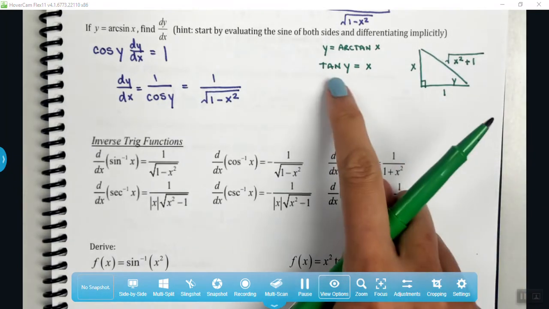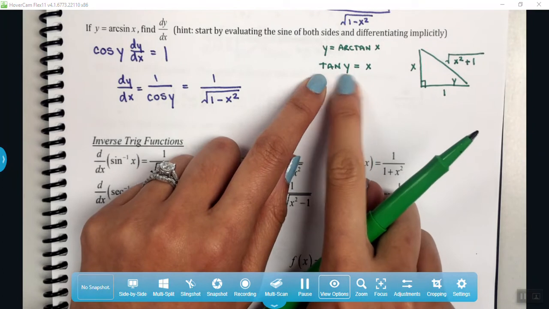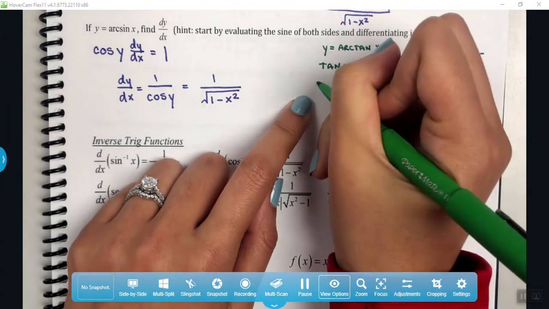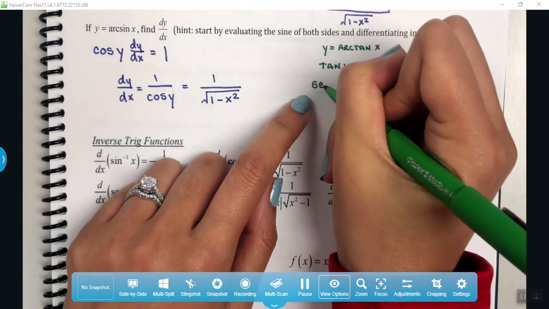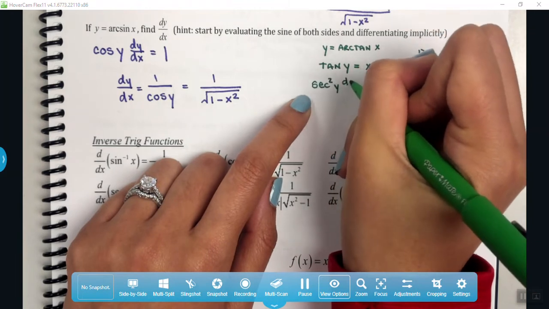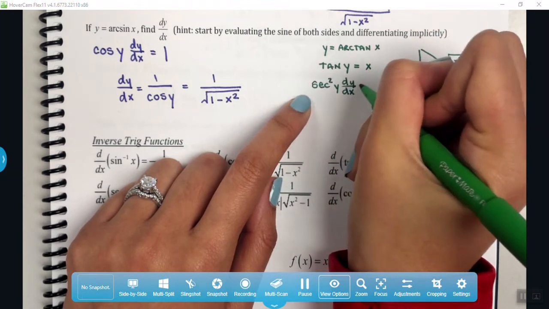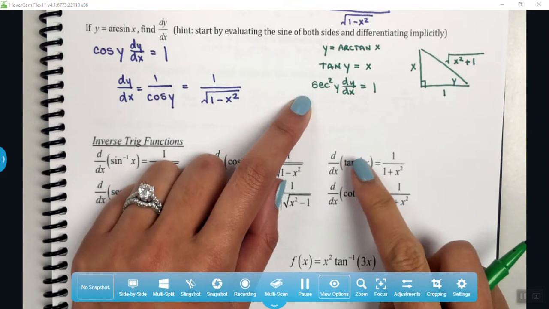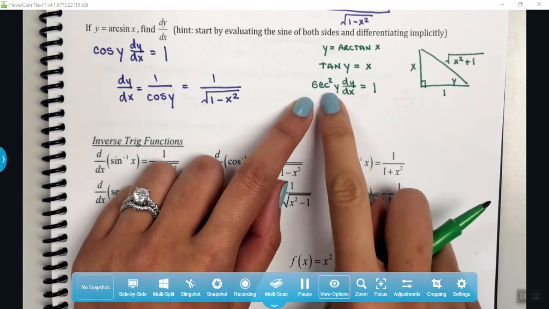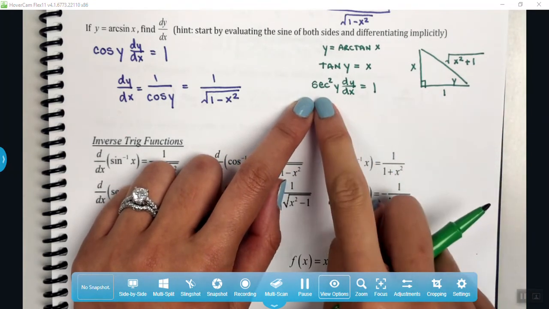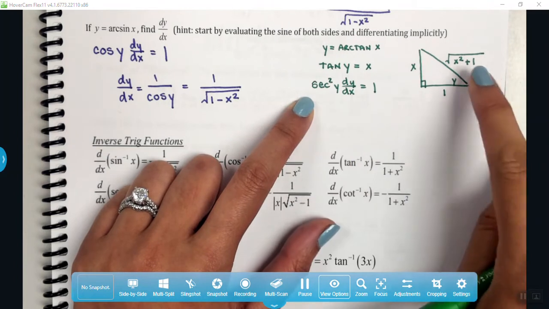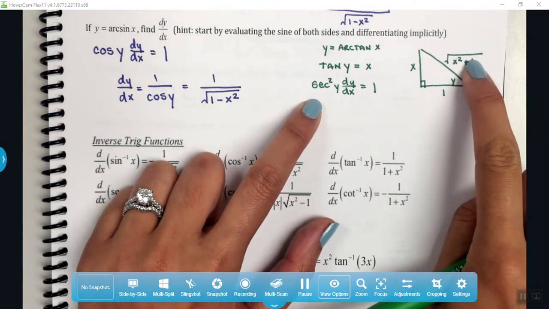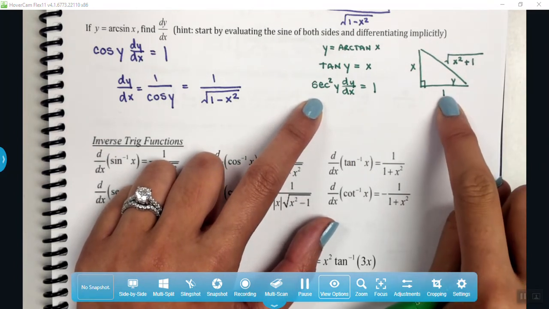Cool. And then we take the derivative of tangent y and we get dy dx equals 1 times secant squared y. So secant is hypotenuse over adjacent, right?